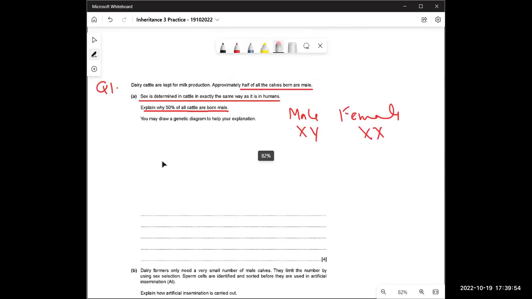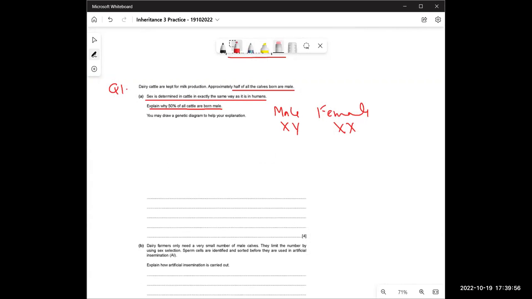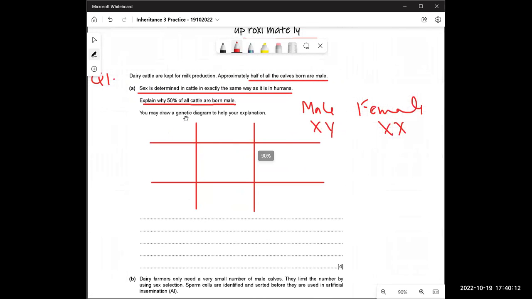Now for reproduction, you need two parents, father and mother, male and female. Let's make a genetic diagram right here. This is exactly the genetic diagram when you make a table. The other one is a pedigree diagram. When they say genetic diagram in the question, you should draw this one.